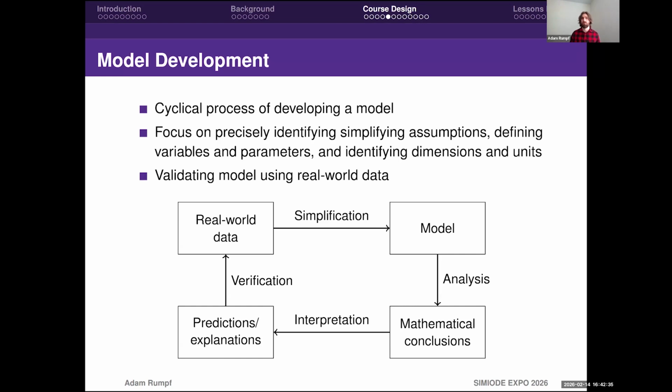So some of the particular things that that means focusing on much more than students would be used to is being very specific and precise and intentional about the assumptions that you're building into your model.